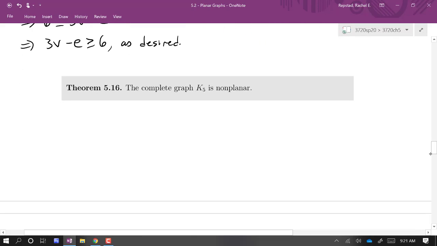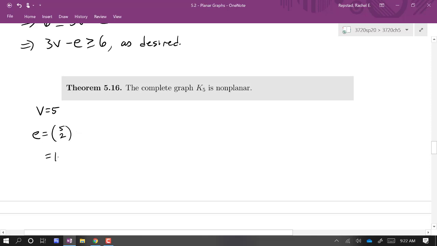So, for example, K5 is non-planar. Well, we don't have to sit here and try to draw it or think about how many edges bound the face of this K5 graph. We know that there are 5 vertices. The number of edges, let's see, any 2 vertices gives an edge, so then there are 5 choose 2 edges.